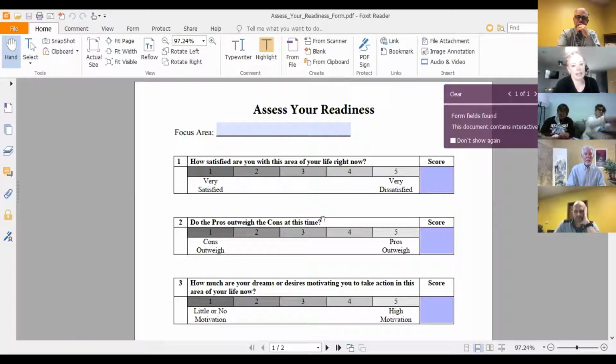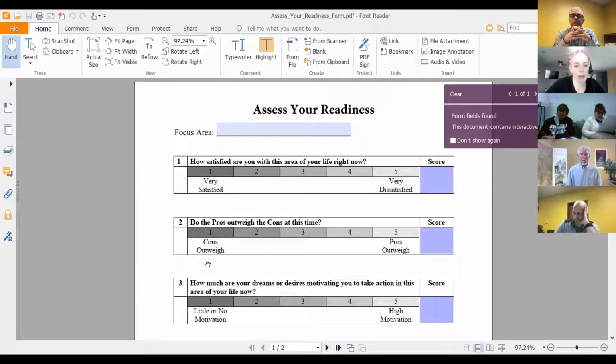And you're going to assess your level of satisfaction. So that first question: how satisfied are you with this area of your life right now? Think about one being very satisfied, it's go time, or very dissatisfied where it's like I'm ready for some change.